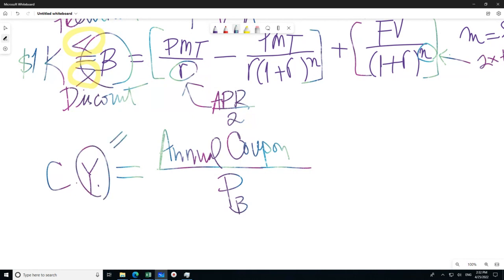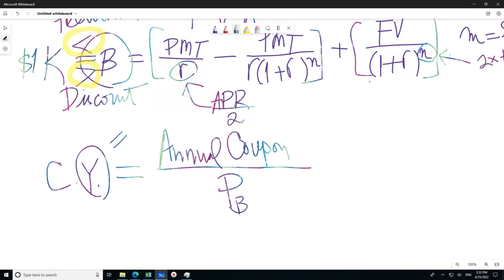Remember, yield is just another name for annualized return. We talked about this already. The current yield is the maximum return you can earn in a year.